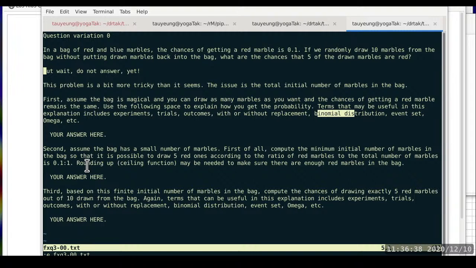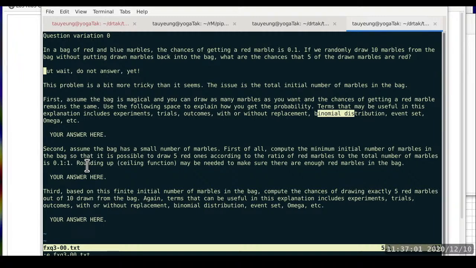That means the minimum number of red marbles is 5. But since red marbles only make up 10% of all the marbles in the bag, that means we have 45 blue marbles in the bag. 5 red ones and then 45 blue ones.